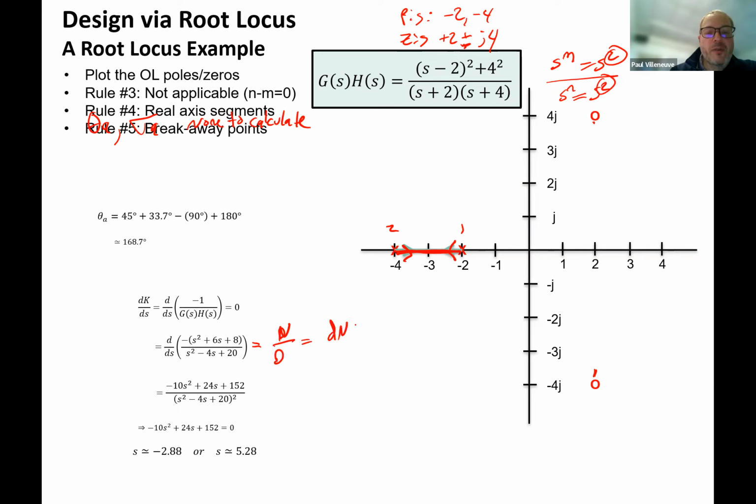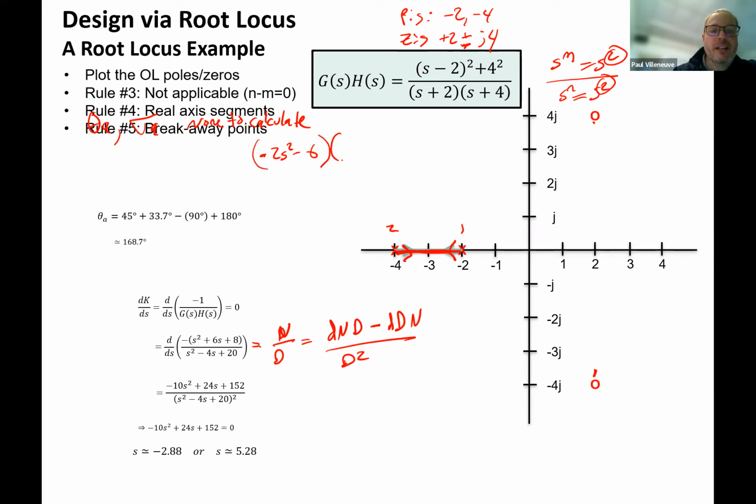Take the derivative of the numerator, multiply by the denominator, minus the derivative of the denominator, multiply by the numerator, all over the denominator squared. So I'm going to put that up over here. The first thing I need to do is take the derivative of the numerator. So I have minus 2S plus 6, or minus 6, sorry.